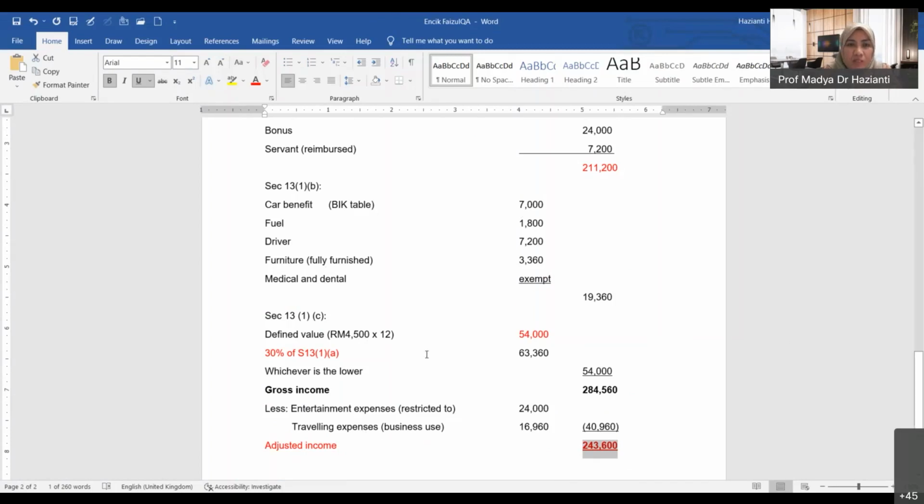Fully furnished macam ni kira yang ni? Furniture ni ke? Saya tak faham soalan lah. Karatul boleh on mic untuk fully furnished tu. Which one yang nak kira? Fully furnished yang ni ke yang ni?